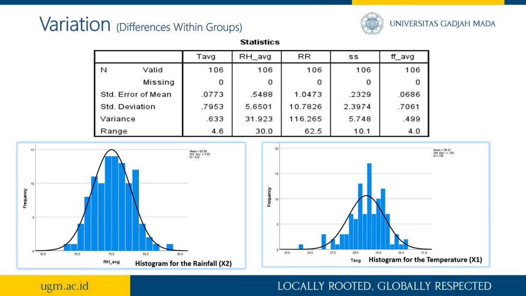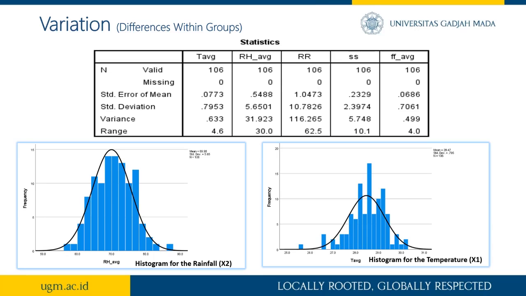It's the frequency for each part and each section related to humidity. But unlike the previous slide, where we got all of it together, in this section we are talking all about the difference within a group itself.